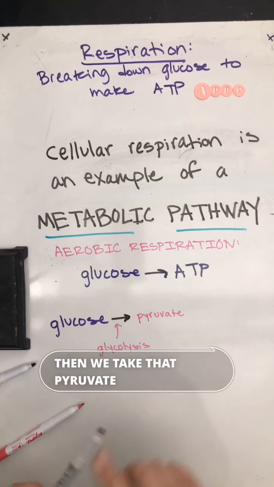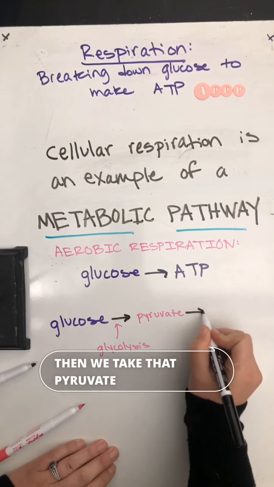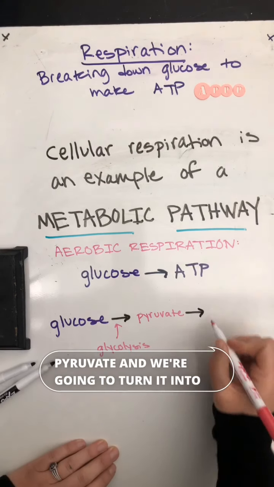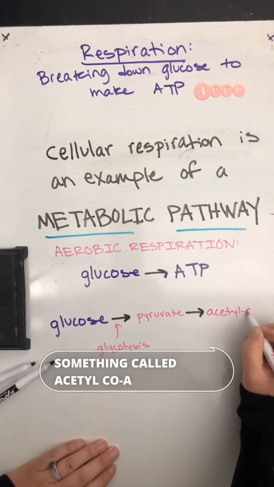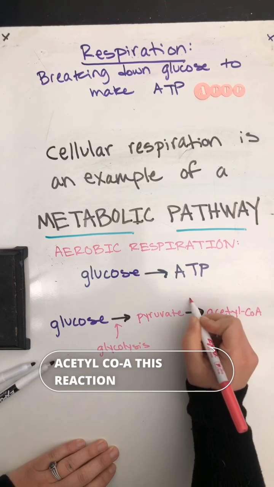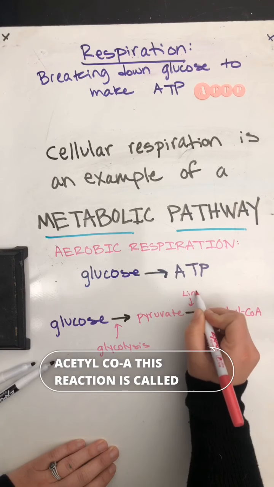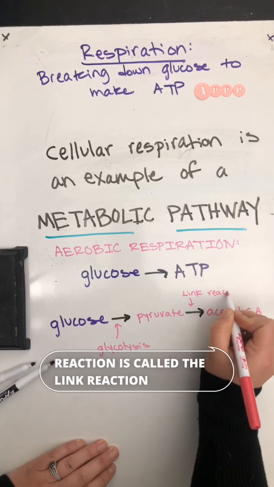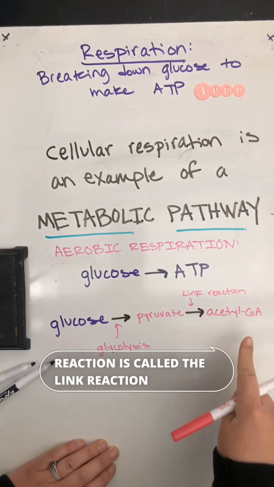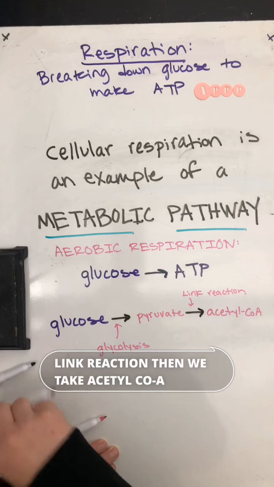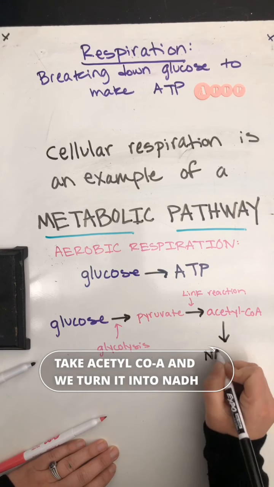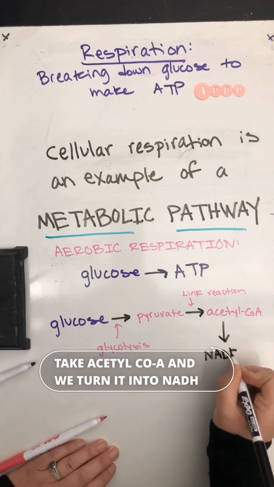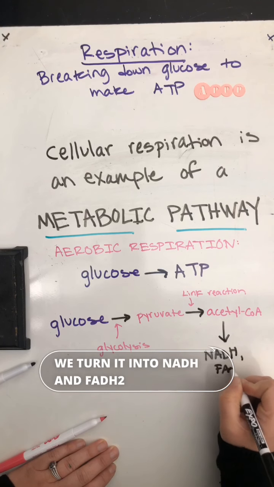Then we take that pyruvate and we're going to turn it into something called acetyl-CoA. This reaction is called the link reaction. Then we take acetyl-CoA and we turn it into NADH and FADH2.